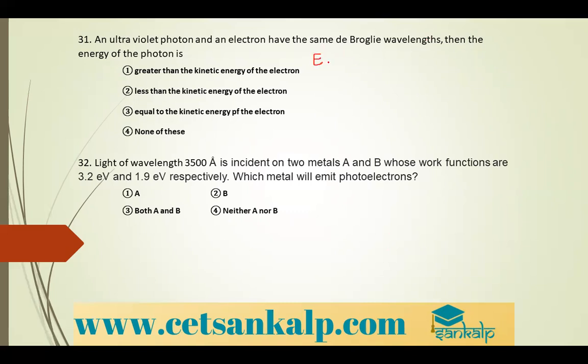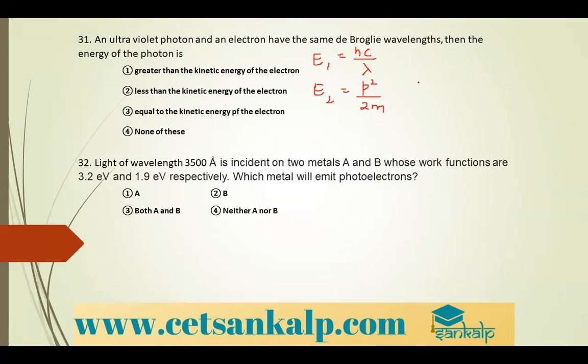So E1 is equal to hc by lambda. Okay. So E2 is equal to p square divided by 2m. One is for the electron, non-relativistic.